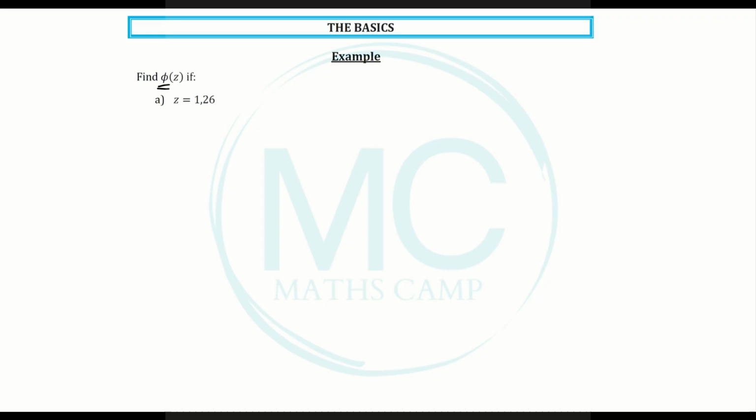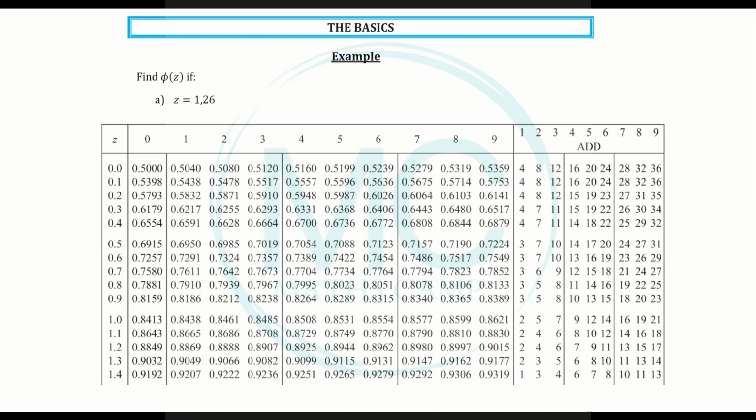So we can take our normal distribution table. The first two digits are 1,2. So we use the first column, we go down to 1,2. The next digit is 6. So in the top row, we go across to 6.